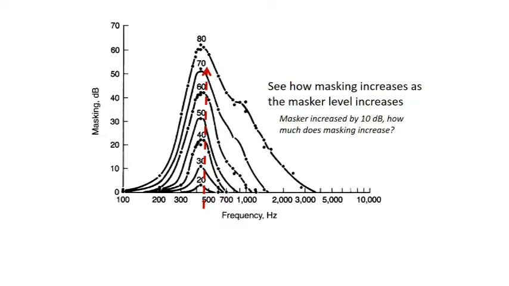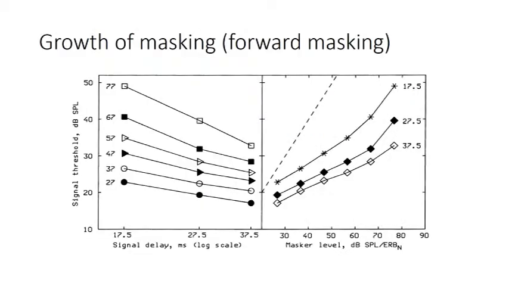Next, growth of masking more clearly. These are some typical results of forward masking. Remember, in forward masking, the longer the delay between masker and signal, the less and less masking we have. As we increase the masker-signal delay, you see less and less masking.